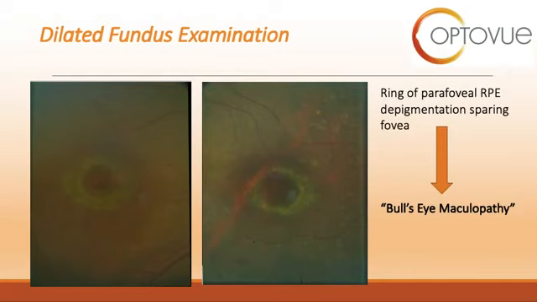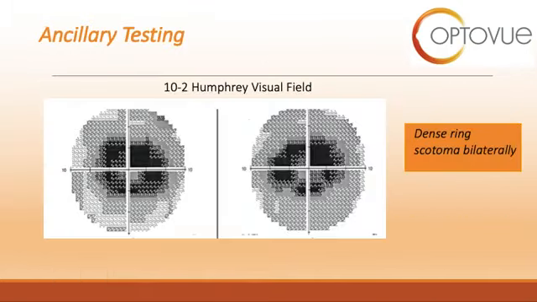So basically, when you look here, you can see it's pretty obvious that she has what we call a bullseye maculopathy, which can be defined as a ring of parafoveal, meaning here's your fovea, so it's parafoveal, a ring of parafoveal RPE depigmentation sparing the fovea. So classic bullseye maculopathy, which is why she was experiencing paracentral scotomatous lesions.